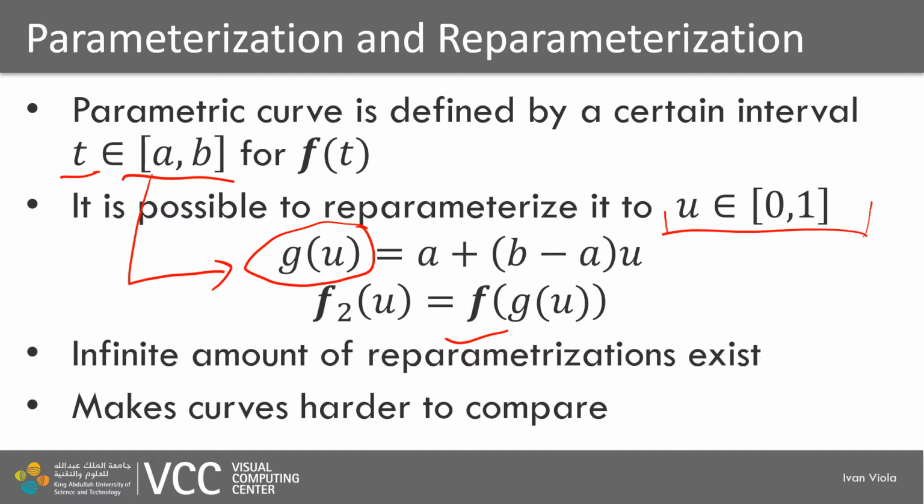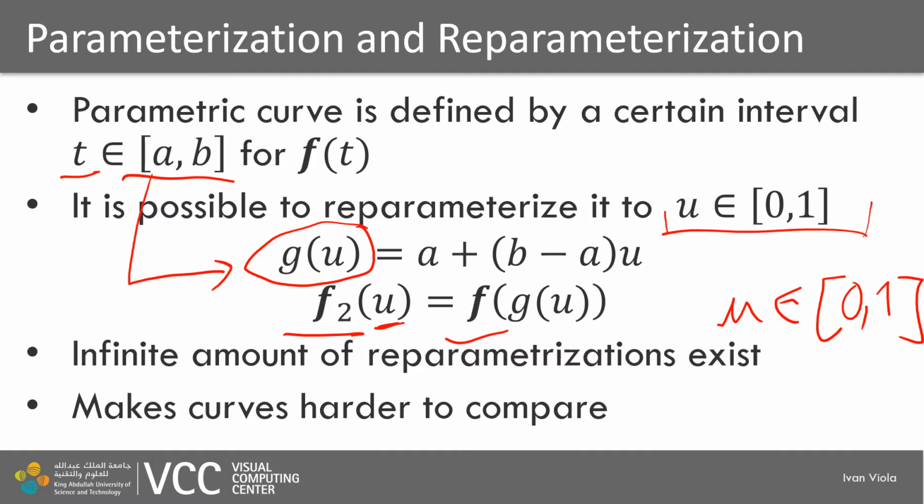But as we are dealing with the u, where u belongs to 0 and 1, we have another function, f2, which simply is remapping the u onto the parameter t, and then the parameter t is used for evaluating the function f.